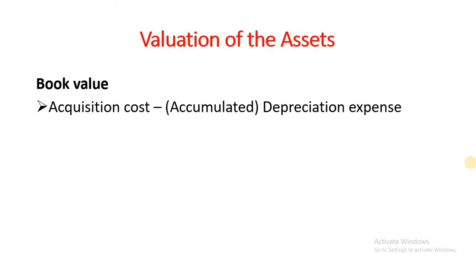Over here, acquisition cost means the purchase price of the asset plus installation cost. And you know about depreciation. Accountants believe that the value of the asset depreciates over time, so they consider depreciation to reduce the value of the assets. So the balance sheet will basically give you the book value of your asset.